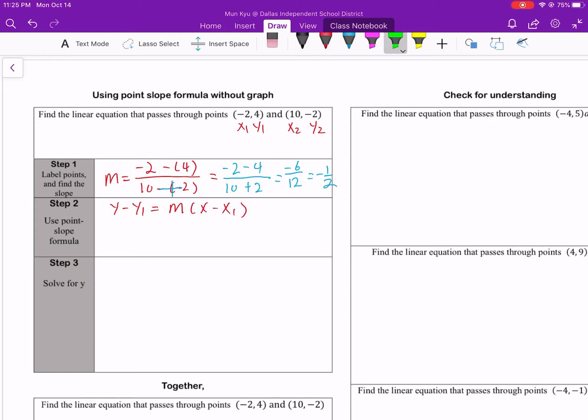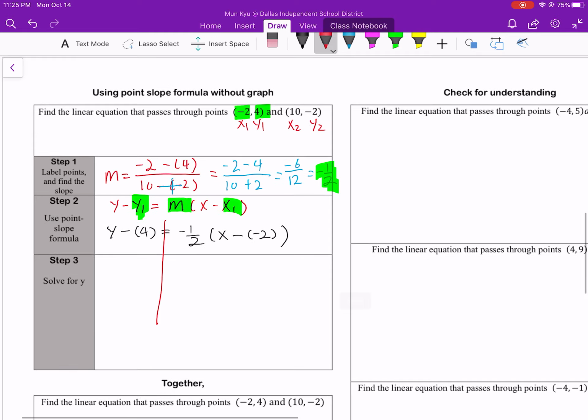And again, if you look at it, we have to find y1, slope, and x1. And we have a slope here, we have an x1 here, and we have y1 here. So let's plug in the numbers. y minus, our y1 in this case is 4 equals, slope is -1/2, and x minus x1 is -2.